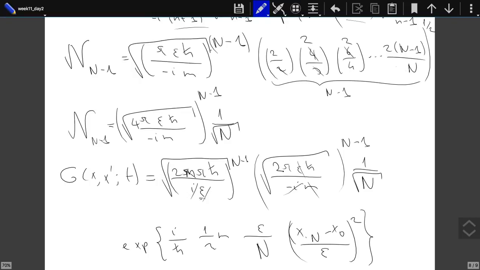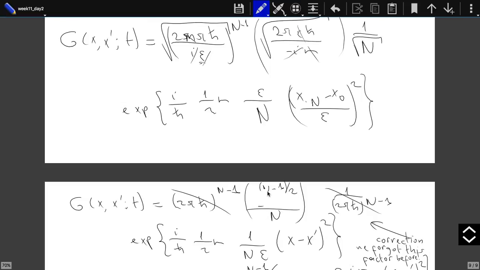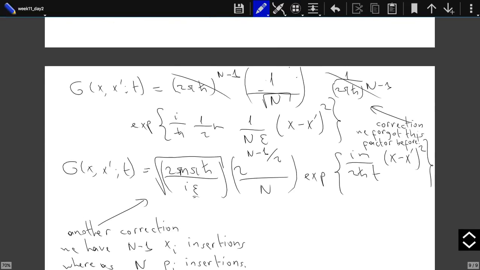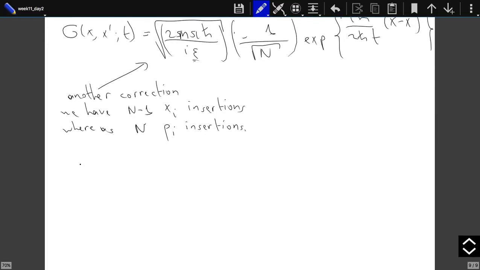It's already under the square root. So I don't have this factor 2. It's just 1 over square root of n. So we have the final result.